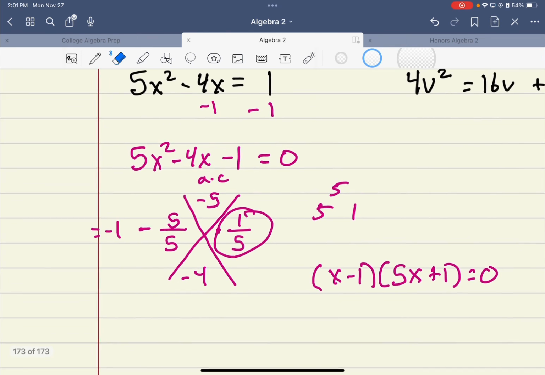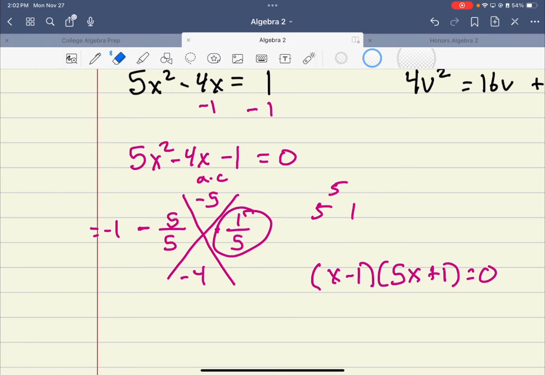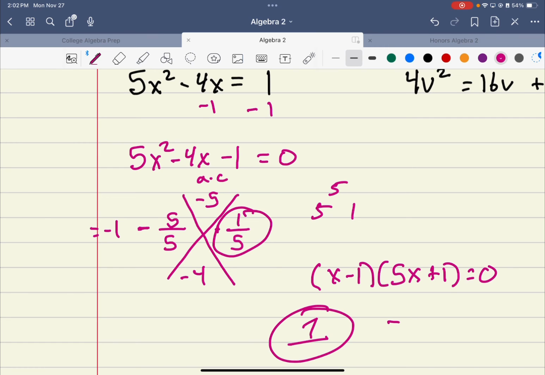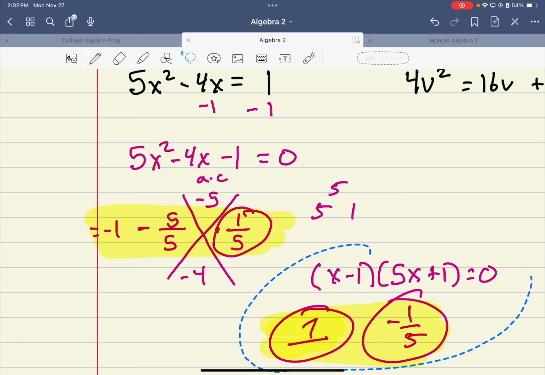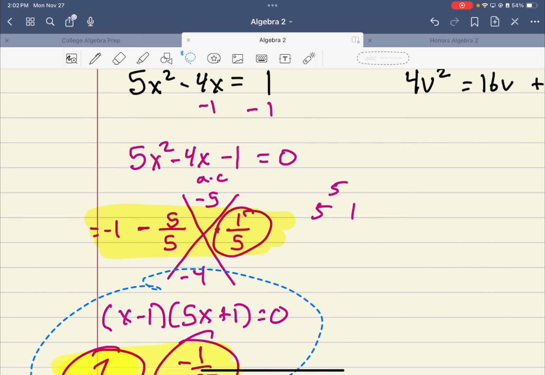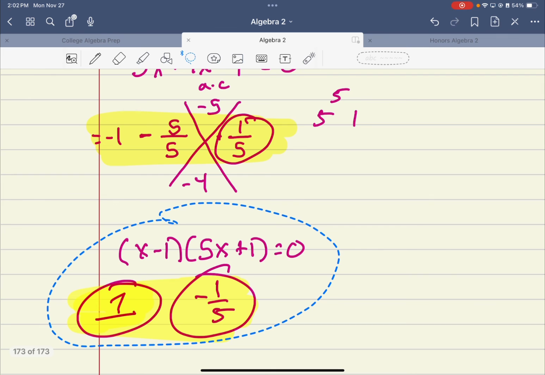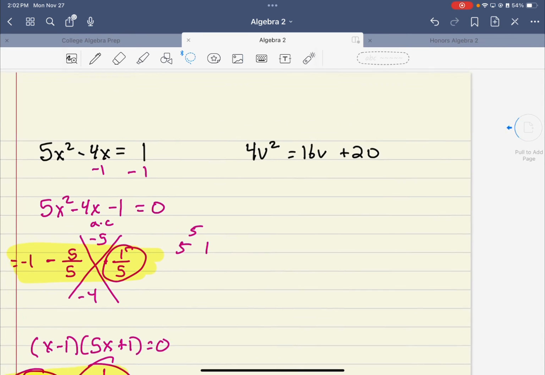It's just asking to find the zeros. So the opposite of -1 is 1. The opposite of 1/5 is -1/5. I'm just looking at these right here to get these right here. You just have to remember that it's the opposites. That little button came in handy.